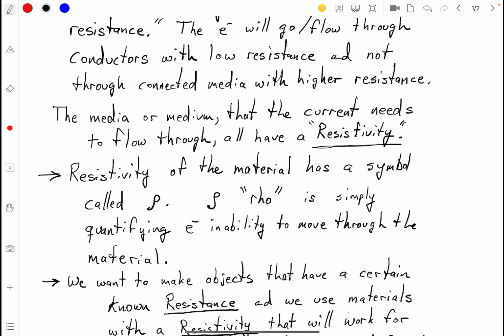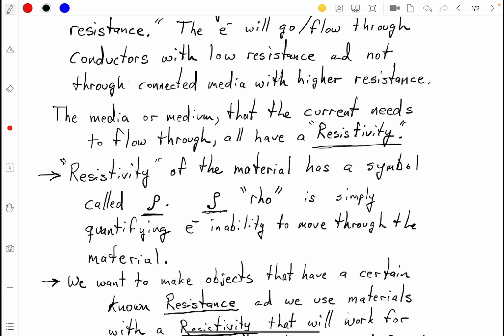Resistivity is a property of the material, and we give that the symbol rho. This is our resistivity. Rho is also the density of a material, but when you're dealing with currents, you just say, now I know rho is the resistivity.